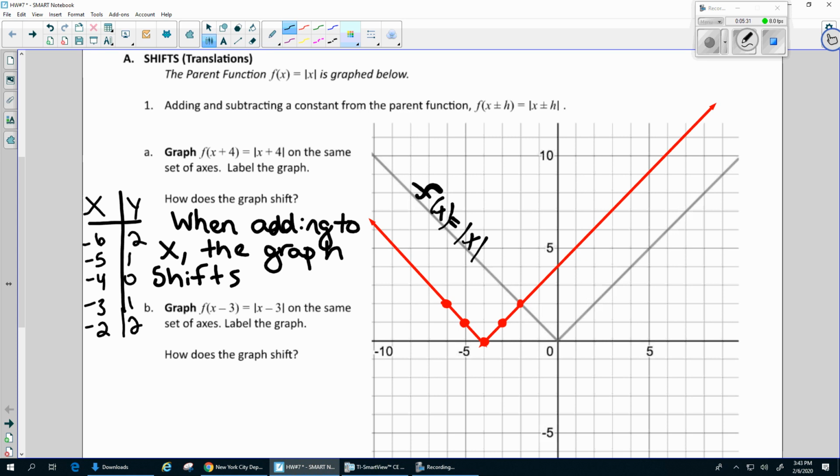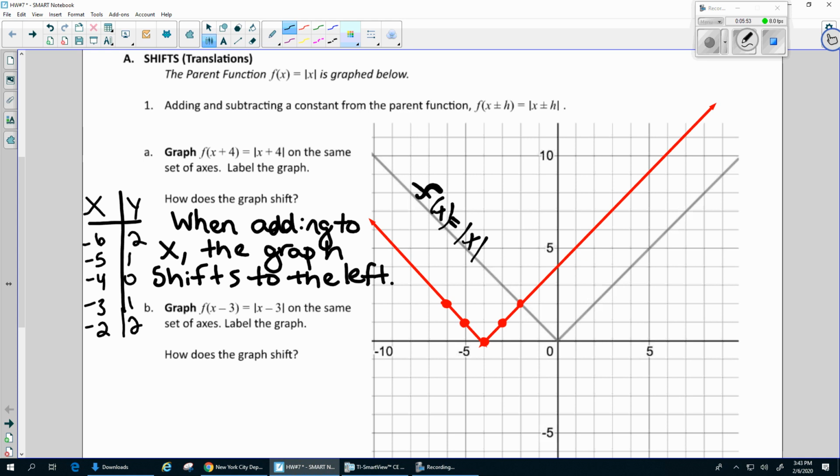It shifts to the left. So if I add 4 units to x, I shift to the left 4 units. If I added 2 units, I would shift 2 units to the left.